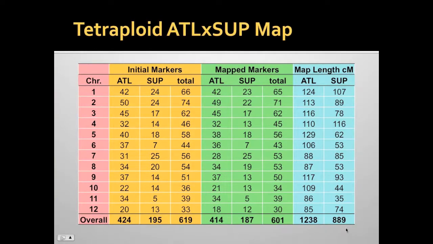So it was okay, but the map length was always smaller for Superior, because we had fewer markers mapped for Superior. I think this is because the SNP markers have been biased in a certain way, because Atlantic was used for developing these SNP markers. So we expect to have a lot of SNP markers for Atlantic, but maybe not for Superior.